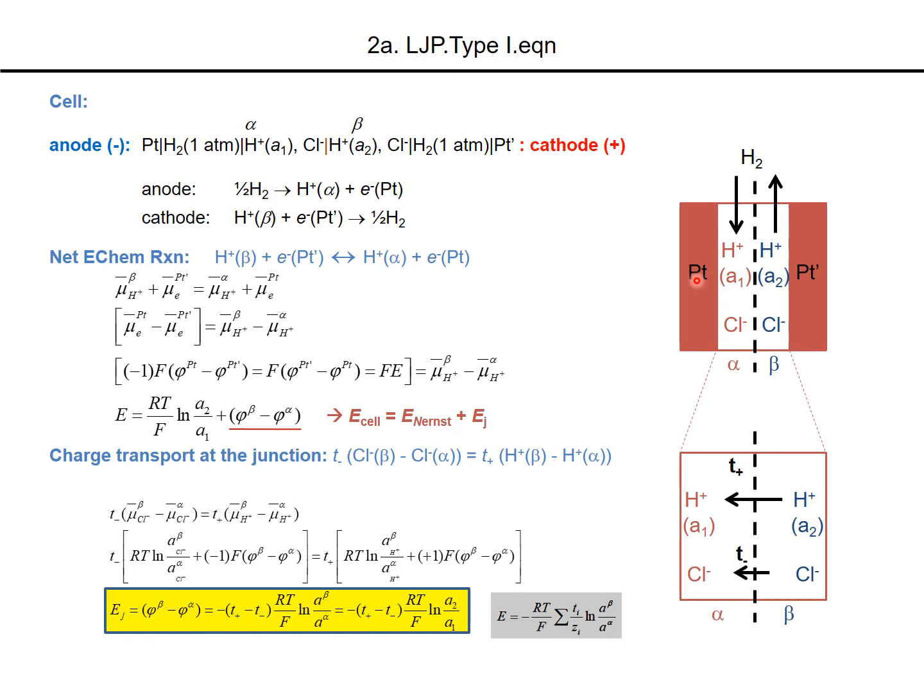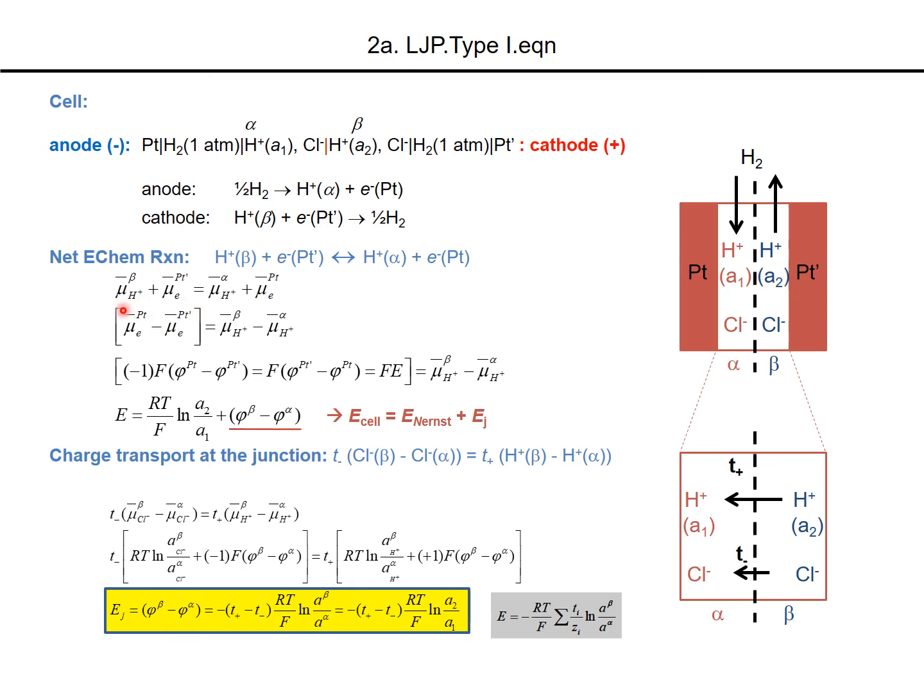Then here are the electrochemical potential balance equations. So proton in beta plus electron in platinum prime is equal to proton in alpha plus electron in platinum. Then let me get together the electron terms here.